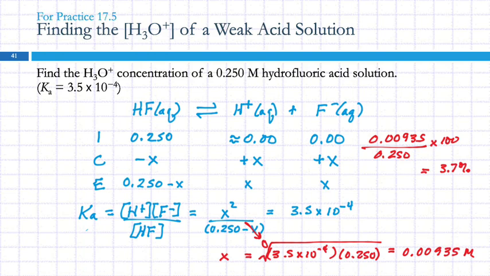If we take 0.25 and subtract what we got there, 0.00935, we end up with 0.24065, which is not the same as 0.25, but it's probably close enough that it doesn't matter. The reason we would want to do that is it makes the calculation a lot easier, because then we can just solve for x. We don't need to use a solver or a quadratic equation. It is always okay to use a solver and get the actual correct answer.